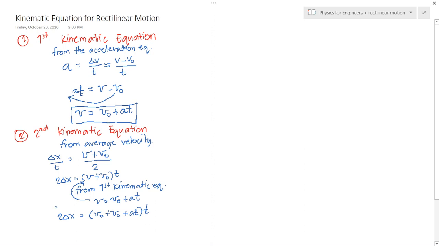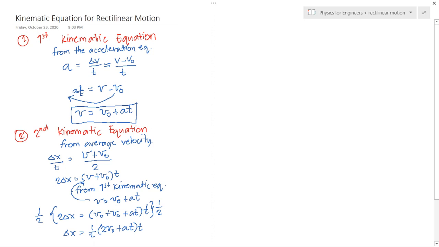Of course, you need to divide both sides by 2, so that the displacement alone will be left on the left side. So we have delta x is equals to 1/2 times twice v naught, kasi v naught plus v naught is 2v naught, plus at times the time.